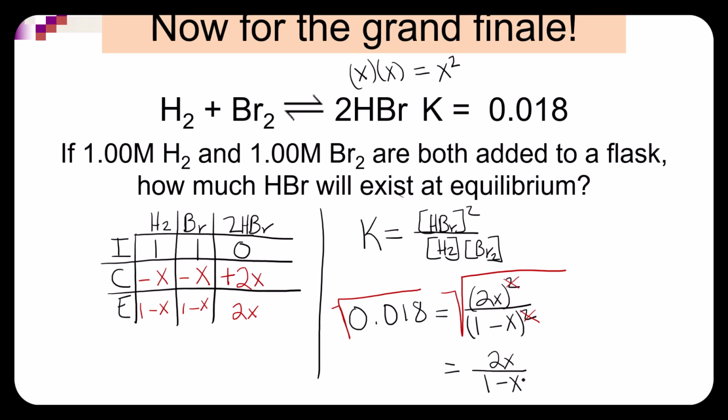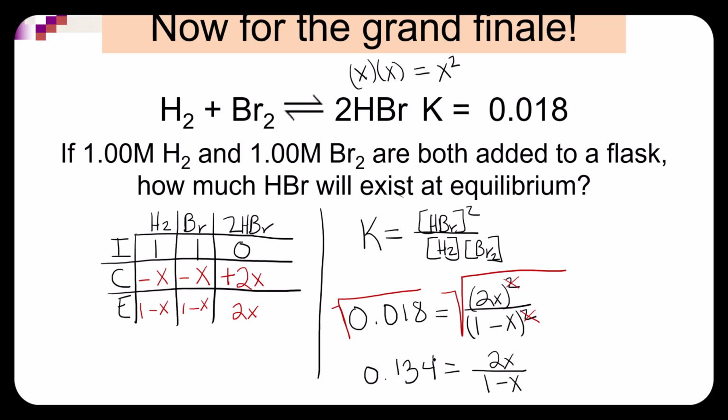On the left-hand side, we plug that into our calculator. So I take the square root of 0.018 and I get 0.134. Now we still have some algebra to do, right? It's not finished, we're not complete. But now we have basic algebra, not quadratic algebra.